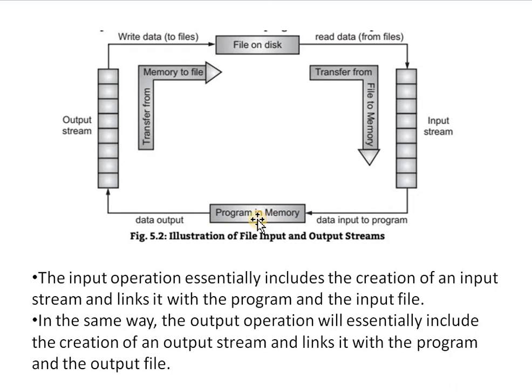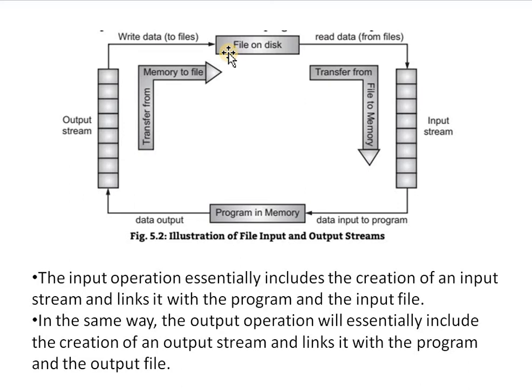and that data is given as input to the program. Whenever the program execution is completed, then that output data is transferred by using an output stream to again that particular file which is stored on a disk. This is the interaction of file input stream and output stream.